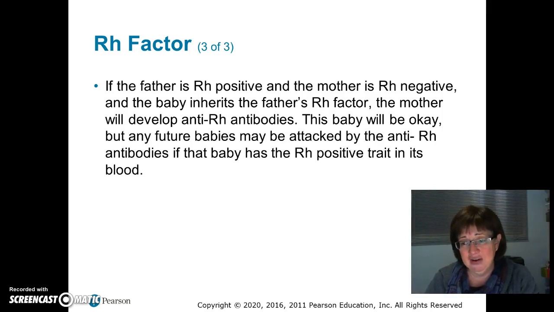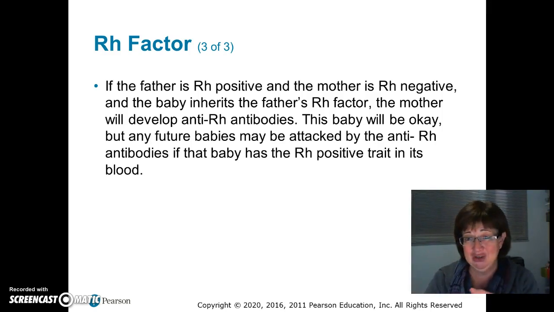So the mother has no contact with the positive, but as soon as the blood interacts for any reason, it could be bleeding at the placenta or it could also be during birth, the mother will develop antibodies which will destroy the RH positive fetus, usually in the second situation, not usually in the first.